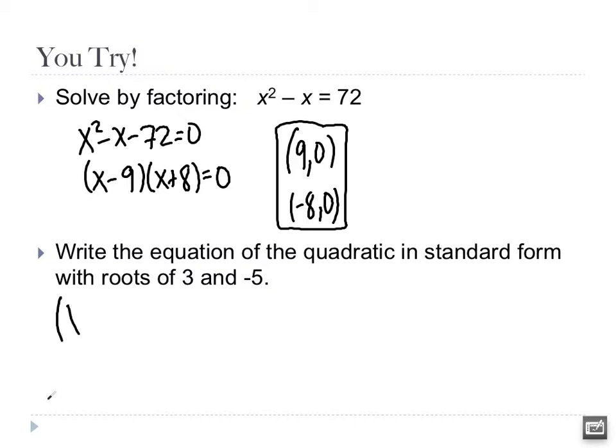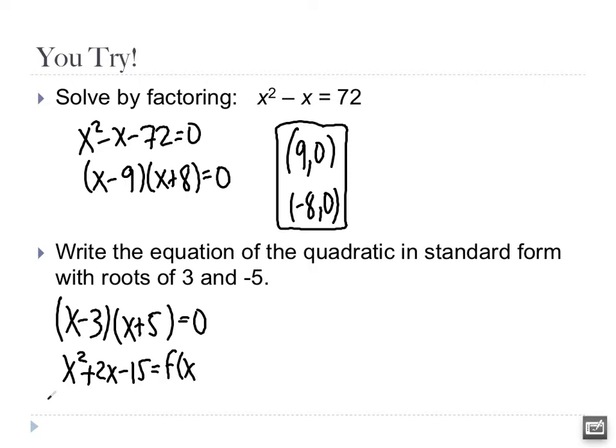Second one, first root is 3, second root is 5. Multiplying out, you get x² + 2x - 15, and set that either equal to f(x) or equal to y.